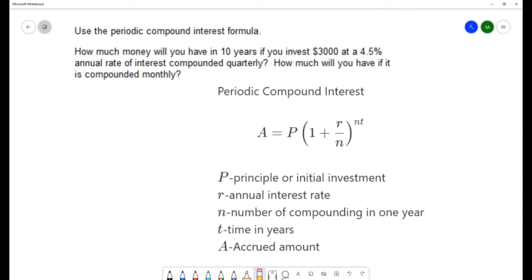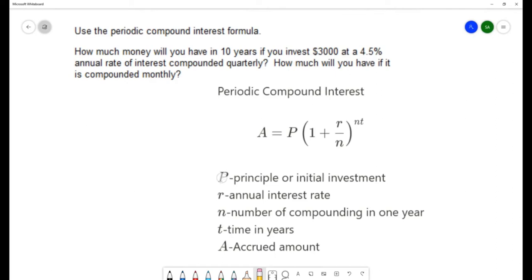So let's take a look at this formula that we're working with. This is a periodic compound interest formula, and it's used to calculate how much money you'll have in an account that pays interest. So this formula is A equals P times 1 plus r over n raised to the nt. I want to take a moment to go through the different variables in the formula.